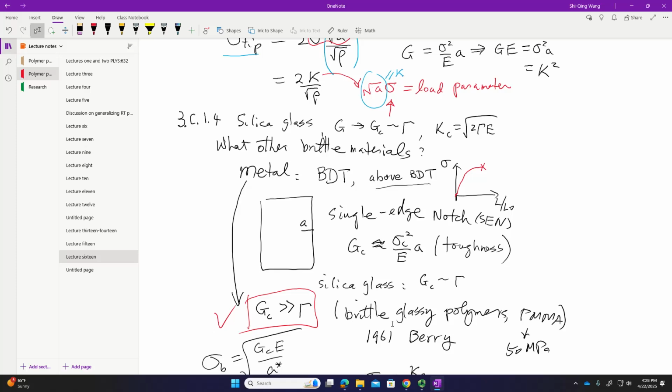Do you follow me? Let me repeat this. Why does there still exist this magic GC at which fracture occurs, but this GC is much larger than gamma? Then what does this GC mean? Do you get it? I cannot make it more plain in English than this, given my broken English.